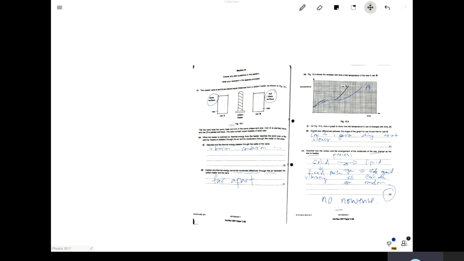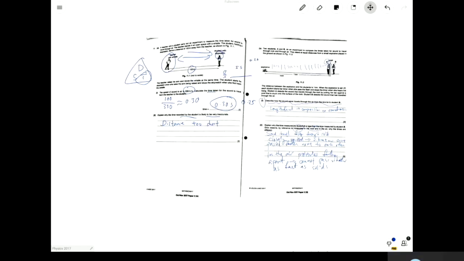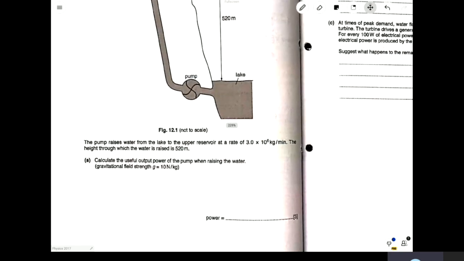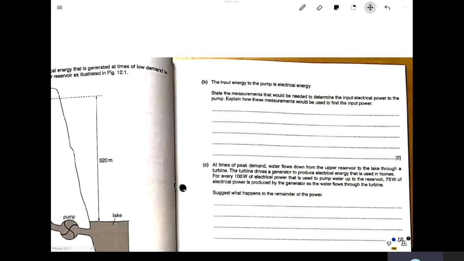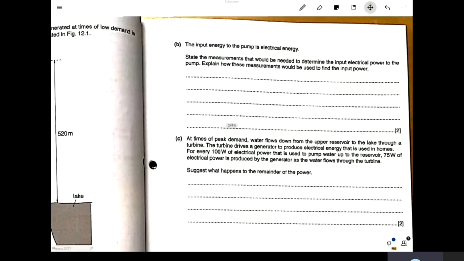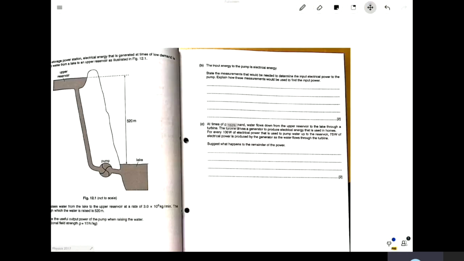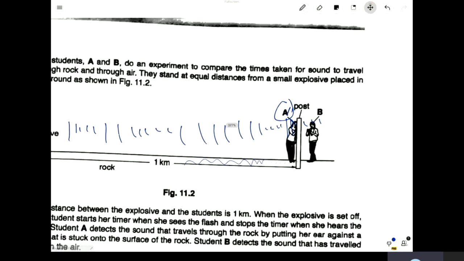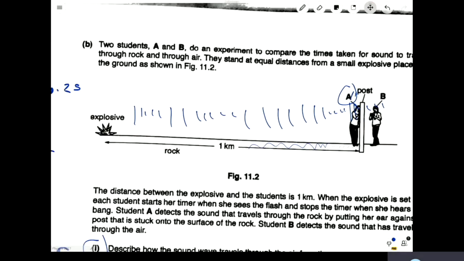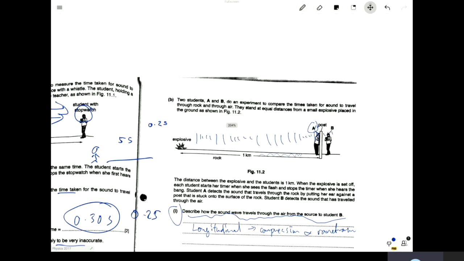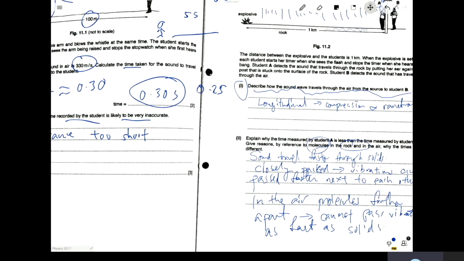Yay! So 2017. Alright, this one is actually quite okay. One calculation plus two. Input energy, water flow. This one is easier, right? Yeah. Alright, just nice.